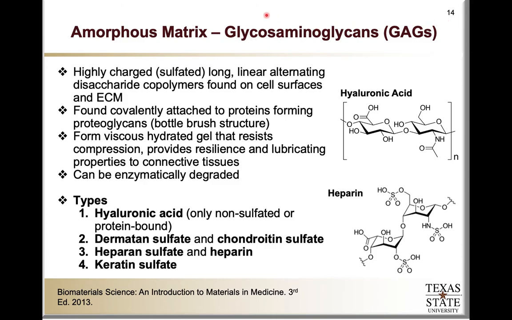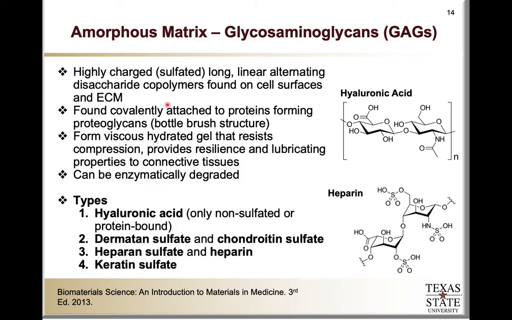To begin with, we talk about the glycosaminoglycans that are part of this amorphous matrix. These glycosaminoglycans, or GAGs, are highly charged long linear alternating disaccharide copolymers that are found on cell surfaces and in the extracellular matrix. When I say charged, typically they're going to be sulfated, meaning they have these sulfate groups, which tend to be negatively charged, even though the charge is not shown here. Typically, the hydroxyl group would be off.